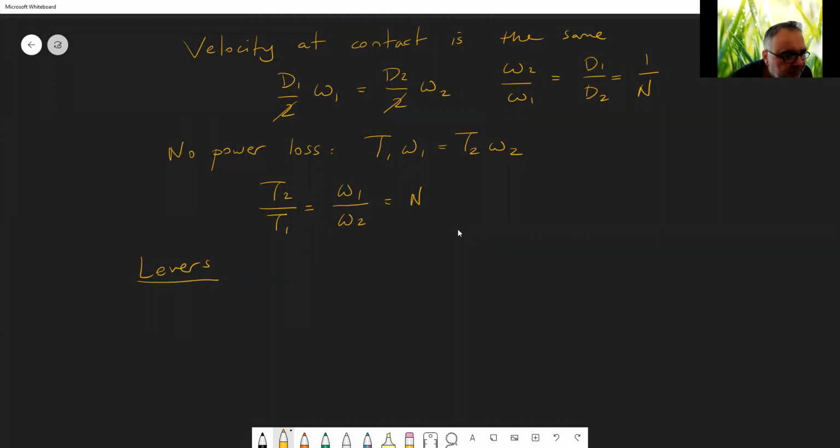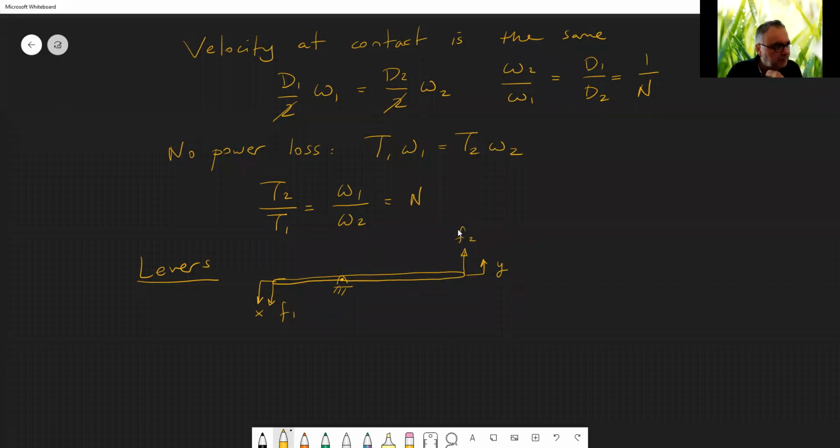The second thing is the lever, which is also commonly used. Let's say something like this. Let's say this displacement is y, and this displacement is x. It is kind of similar to a gear actually. F1, this is F2. Levers are used to change the direction and also the intensity of the forces.